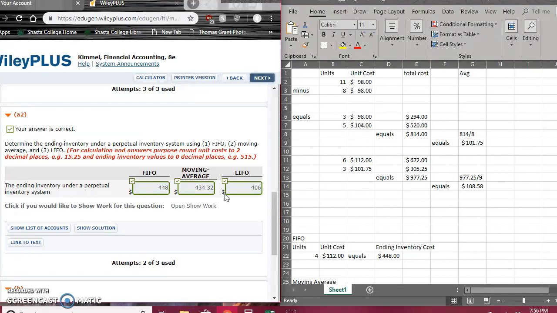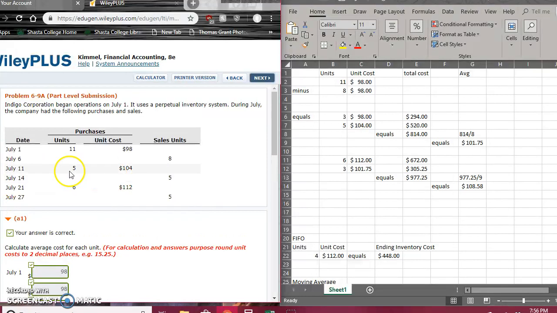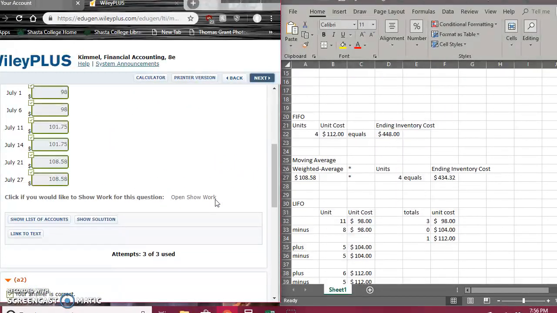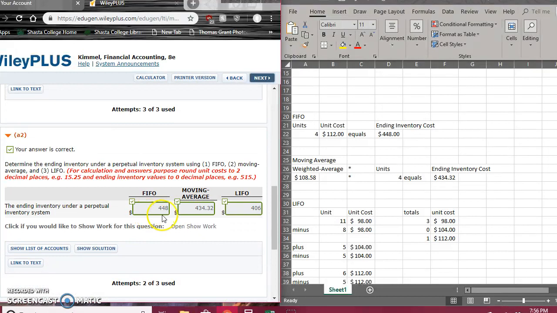So since we have 4 units left, we start with the most recent purchase of 6 units, and so we're going to use this price to evaluate all 4 units that we have left. So we're just going to multiply 4 times 112, and we're going to get our ending inventory cost of $448. And we'll put that right here under the FIFO.